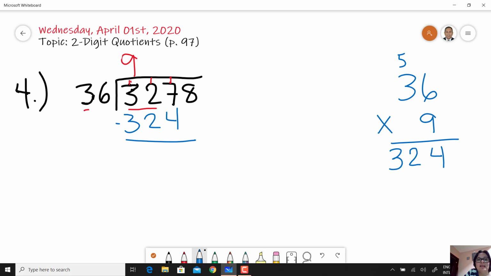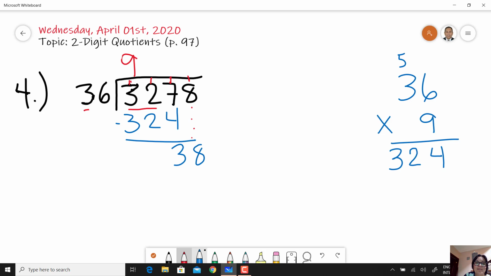So let's subtract. 7 minus 4, 3. 2 minus 2, 0, and 3 minus 3, 0. So can you continue dividing? Yes, because you have to bring down number 8. So now you have 38 divided by 36. What number can you use in the quotient?